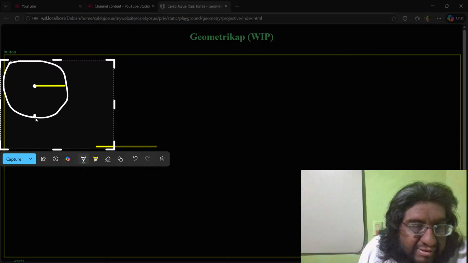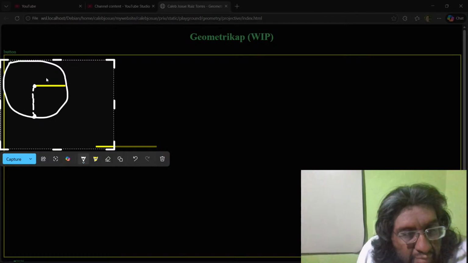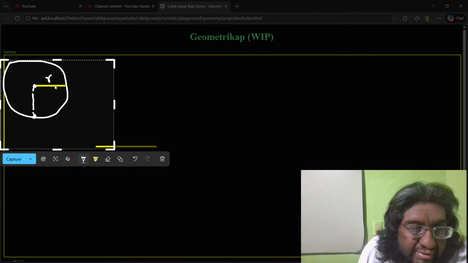We need this point. We already have this. This is the radius, this 100.